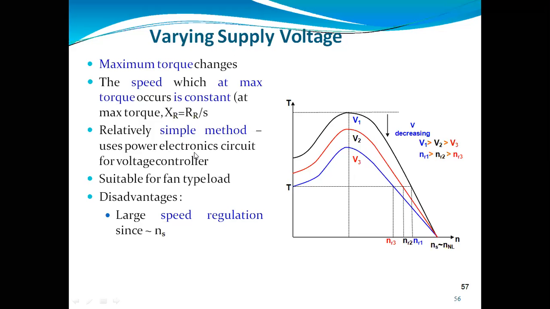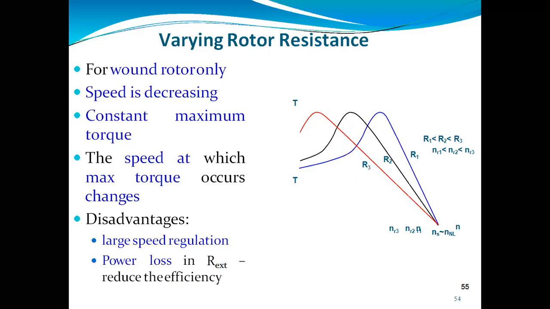It can be suitable for fan type load, but it also has the disadvantage of large speed regulation, like varying rotor resistance.